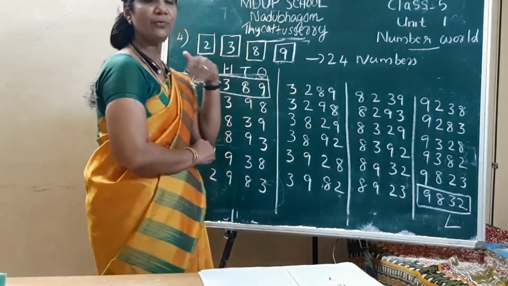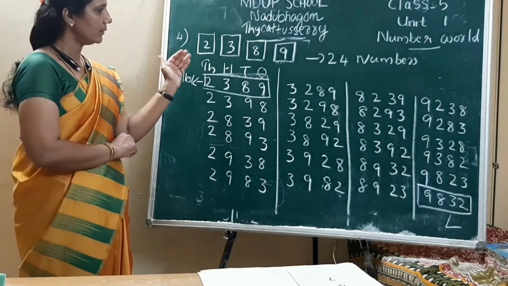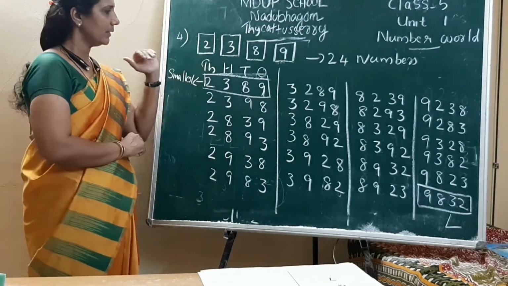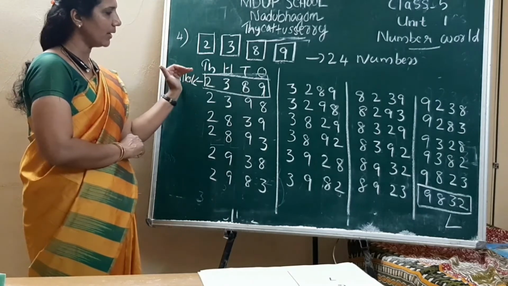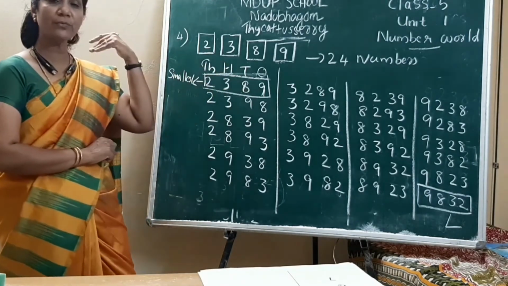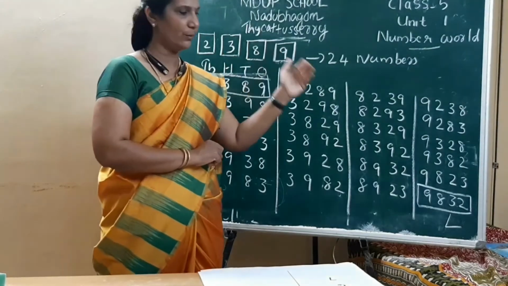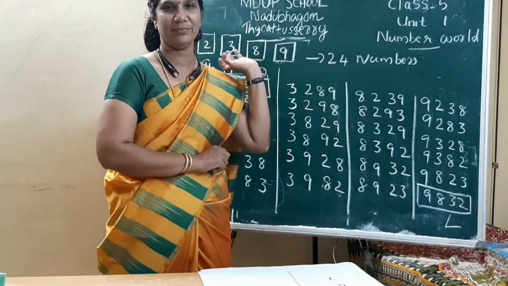Okay, so if you want to write a four-digit number using the four digits, and you want to find the smallest one, then you arrange the digits in the increasing order. If you want to find the largest number, you arrange the digits in the decreasing order.